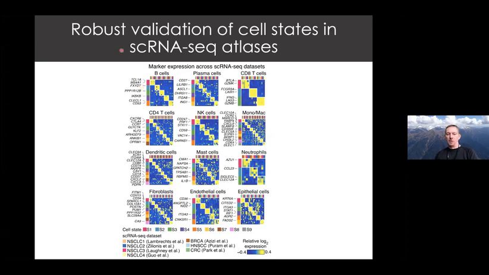You can see with a couple of examples, there's an example here in plasma cells and neutrophils where it's a bit weaker, but generally speaking, we are able to find supporting evidence for these different cell states when we look at the single-cell RNA-seq data.